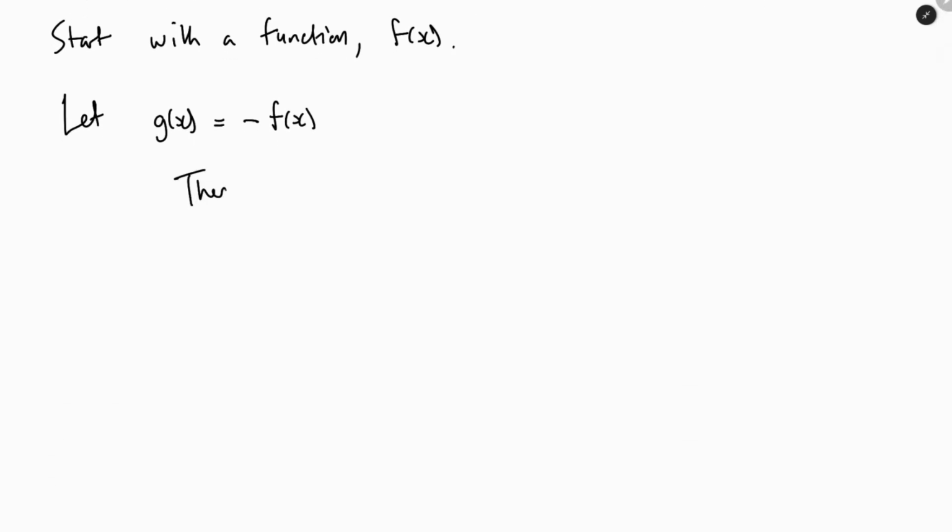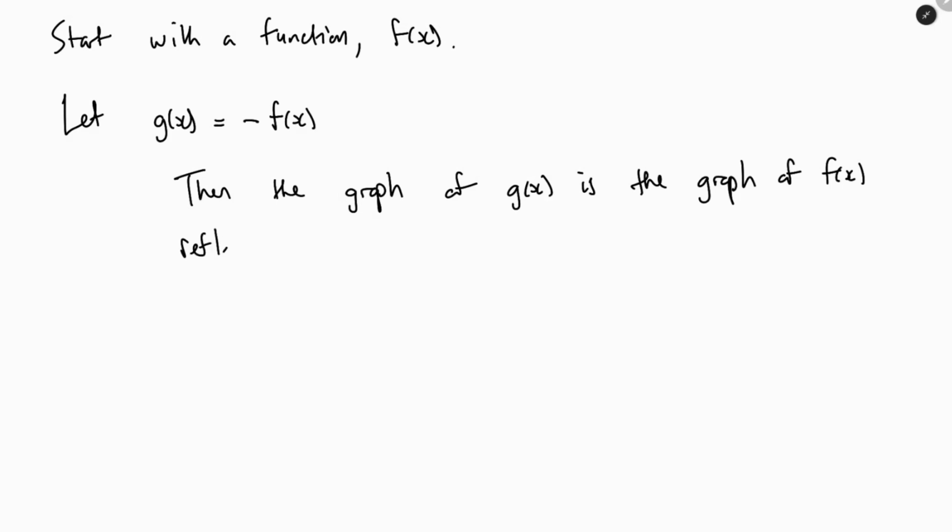In this case we have that the graph of g of x is the graph of f of x reflected about the x-axis.